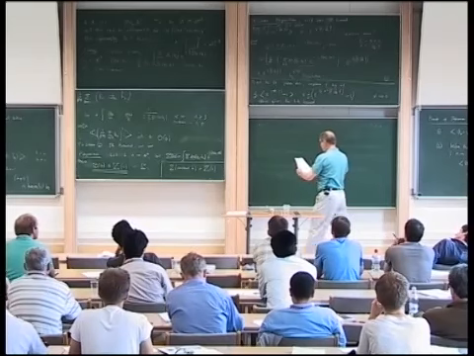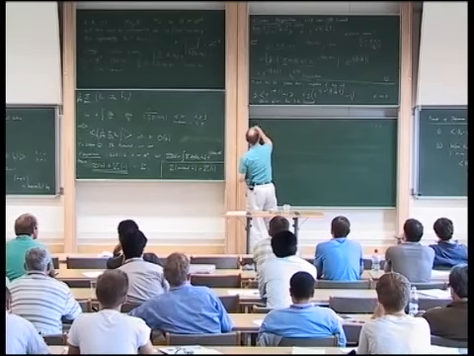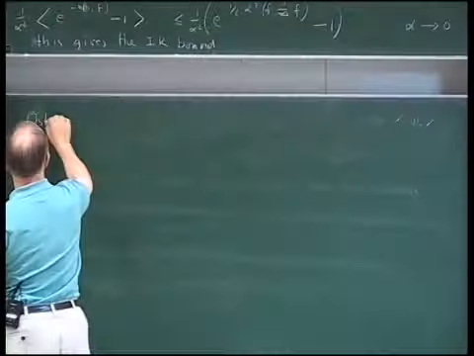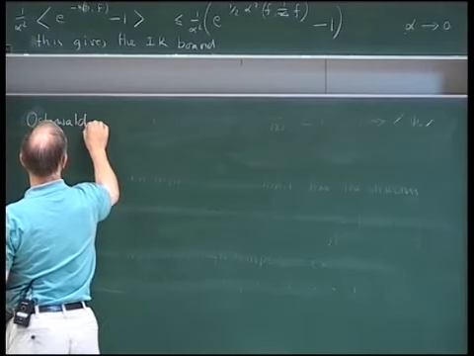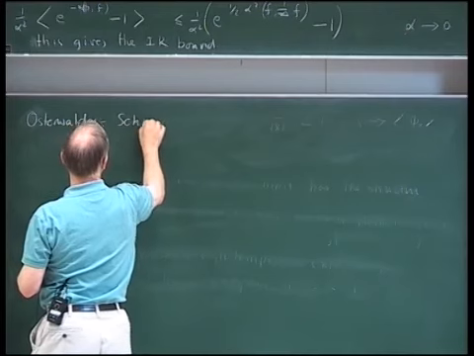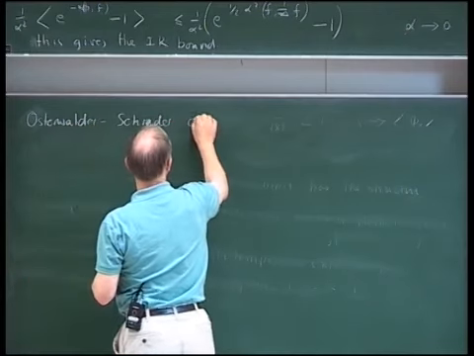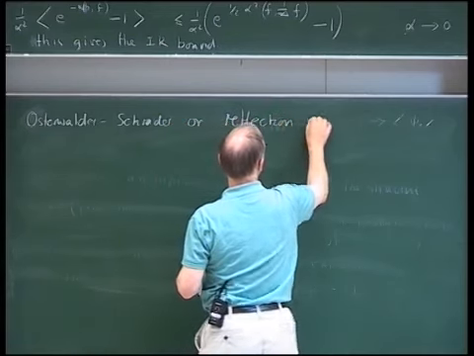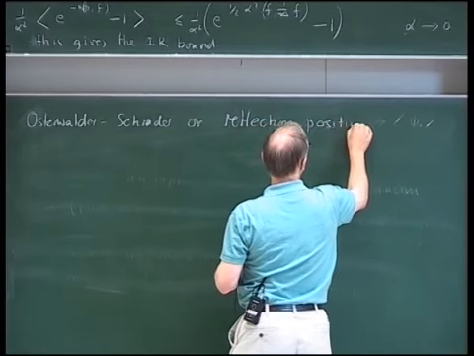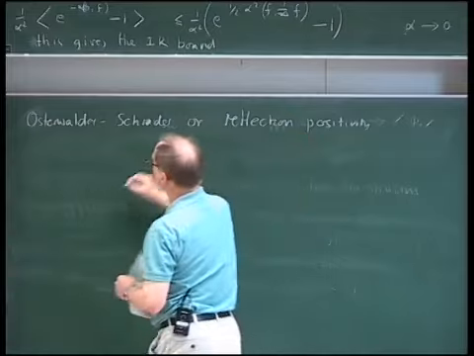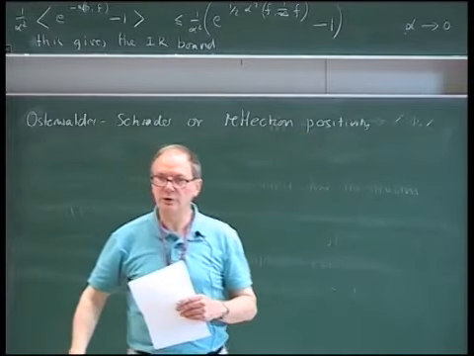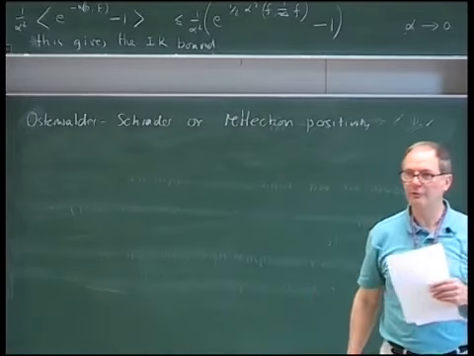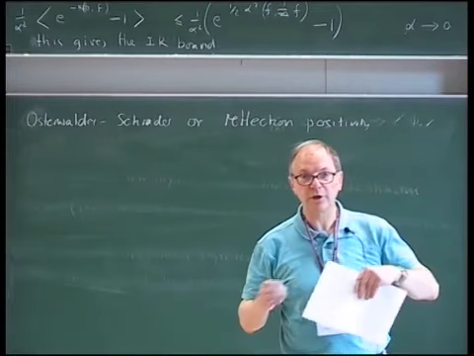So here is, it's called reflection positivity, the property we need. And sometimes it's called Osterwalder-Schrader positivity. Now this is the property that you need if you want these statistical mechanical models to have what's called a Feynman-Kac formula, to be connected in some way.